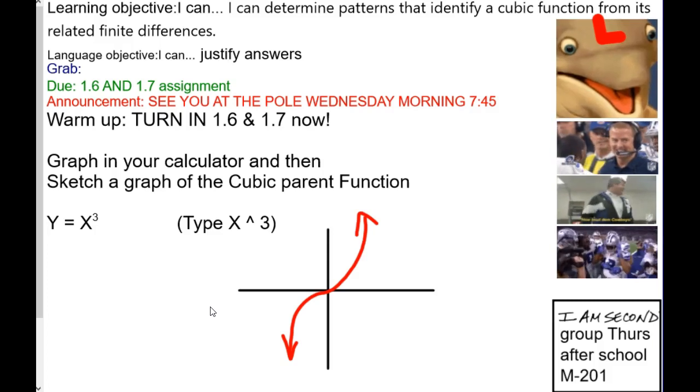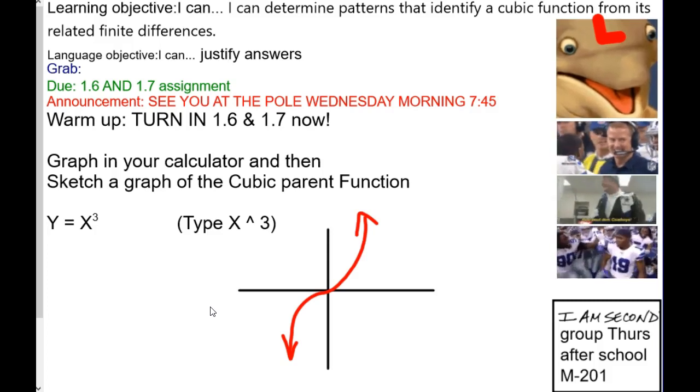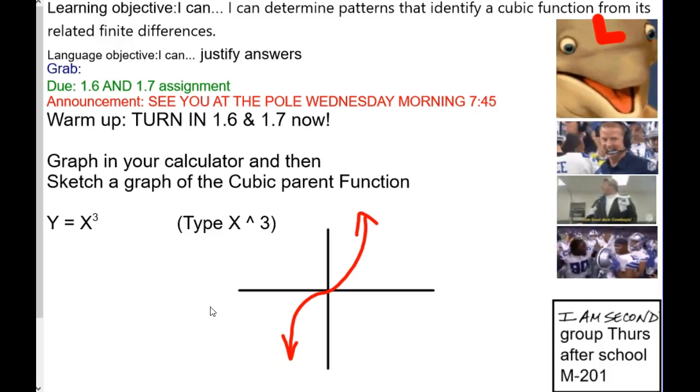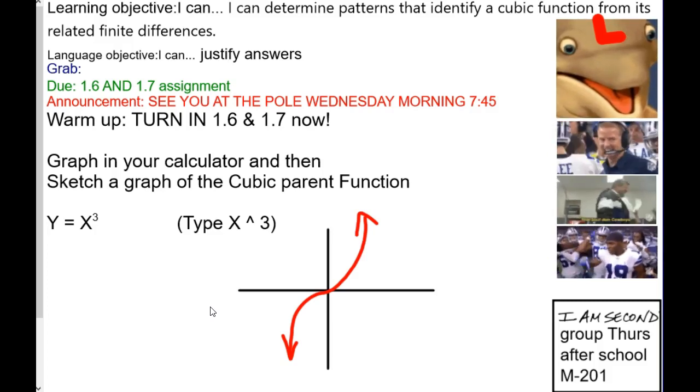Now we're going to do notes for 1.8. If you're finishing your quiz, you need to get that done first. You can catch up on this after that.